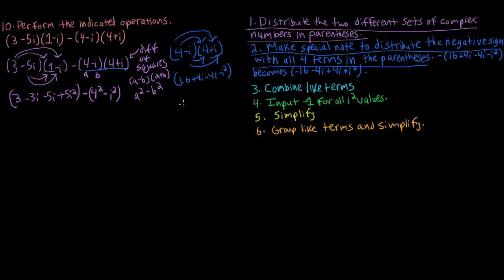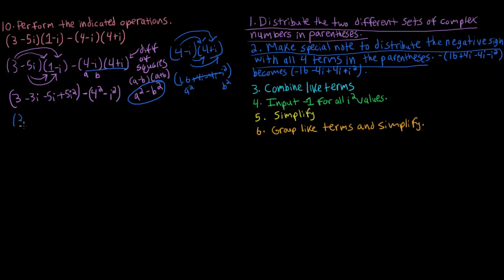But I actually saved time because by using this method right here, it gets rid of these two terms in the middle and just leaves you with your a squared value and your b squared value. So we need to make sure we distribute the negative sign with 4 squared and the negative sign with negative i squared.